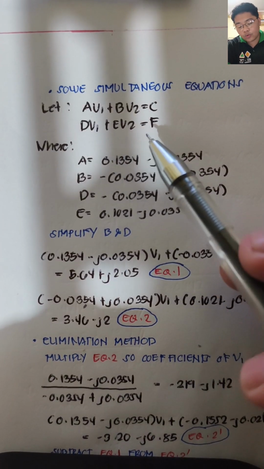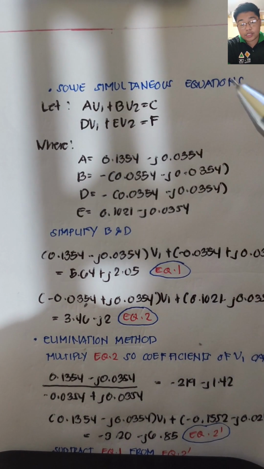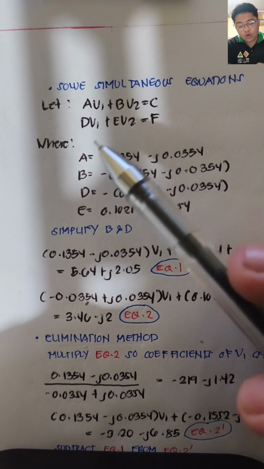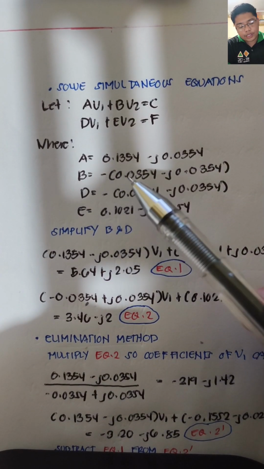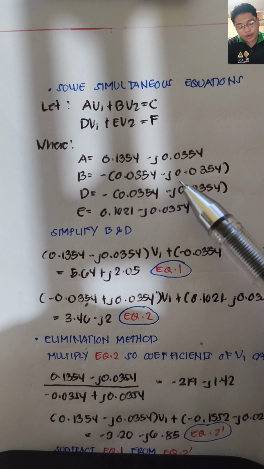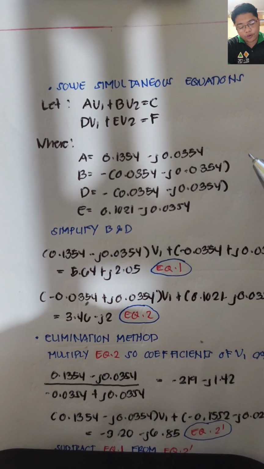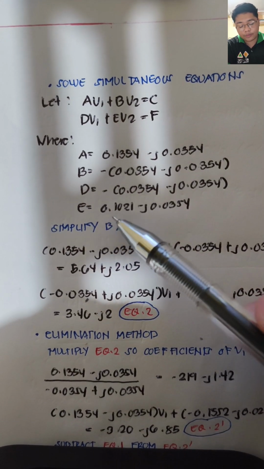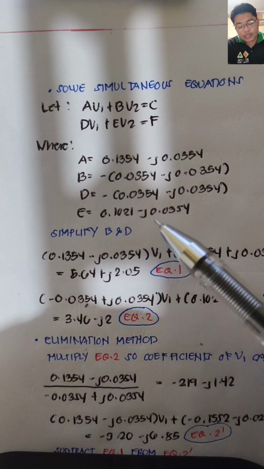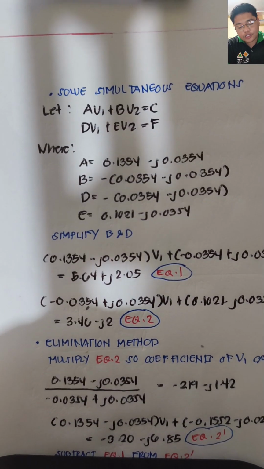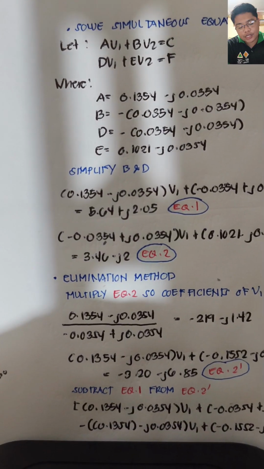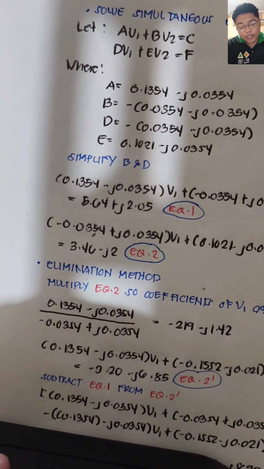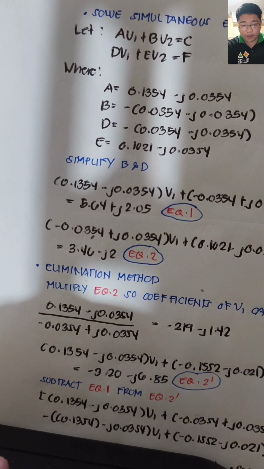So let A V1 plus B V2 equals C and D V1 plus E V2 equals F, where A equals 0.1354 minus j0.0354, B and D are the same, negative 0.0354 plus j0.0354, and E is 0.1021 minus j0.0354.